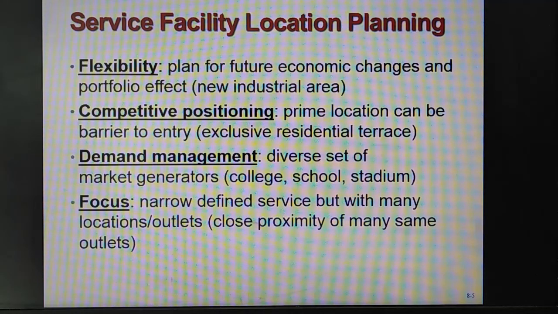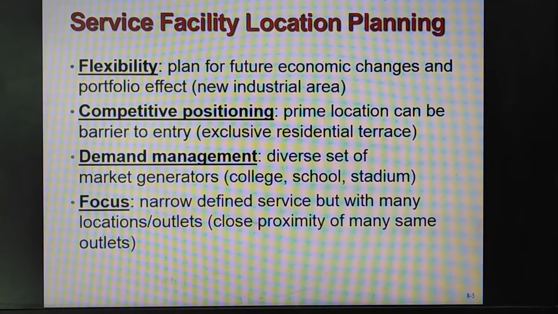Second, what is important is competitive positioning, which is the prime location that you want to establish your business. Sometimes it is obstructed by a barrier. For example, that area is assigned for exclusive residential use, for example, exclusive housing.